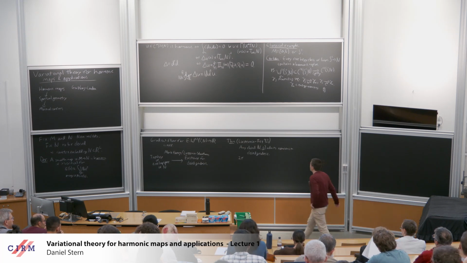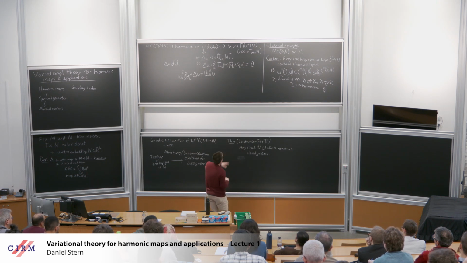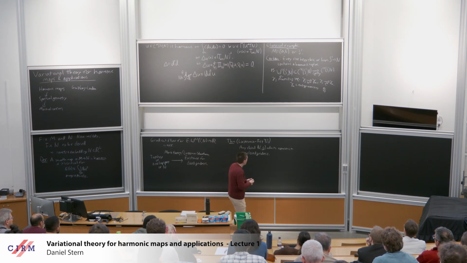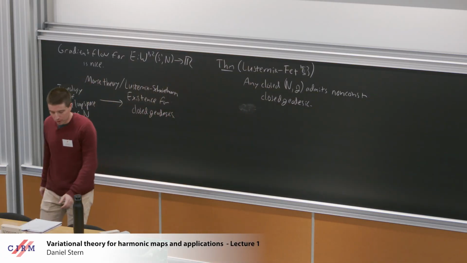All right. So the point is, if pi_1 is non-trivial, then you can apply this. If you have some non-trivial pi_k, then you get some higher parameter min-max you can do on free loop space and get a non-trivial critical point.